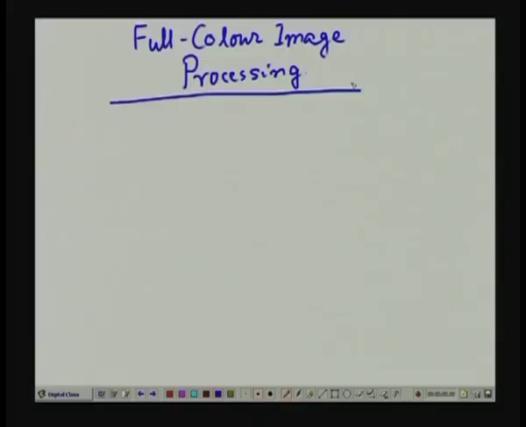And as there are different color models, a color image can be specified in different color models. For example, a color image can be specified in RGB color space. A color image can also be specified in HSI color space.